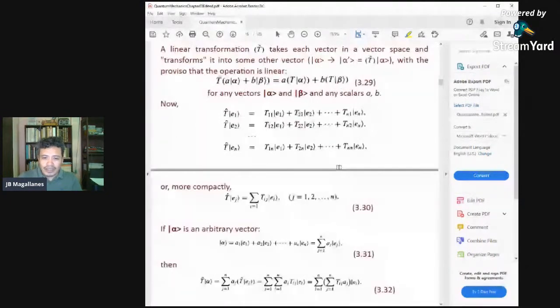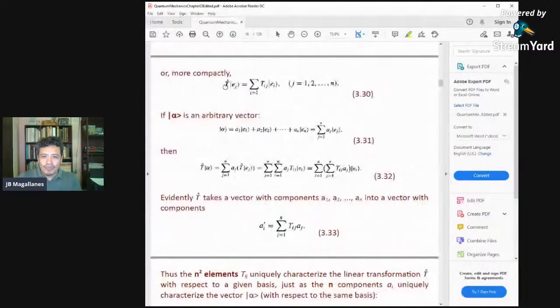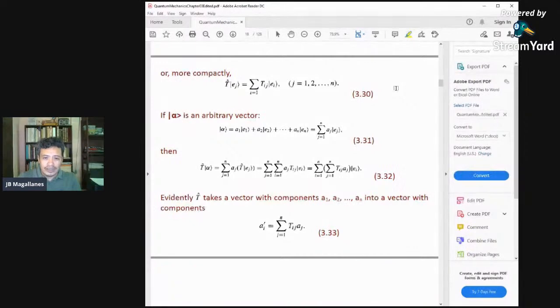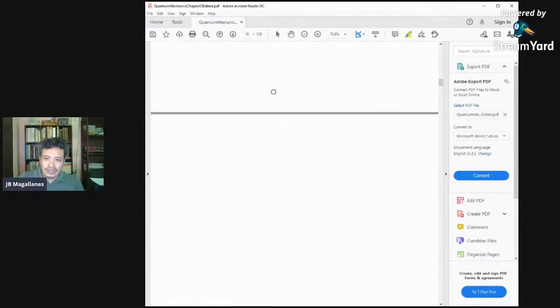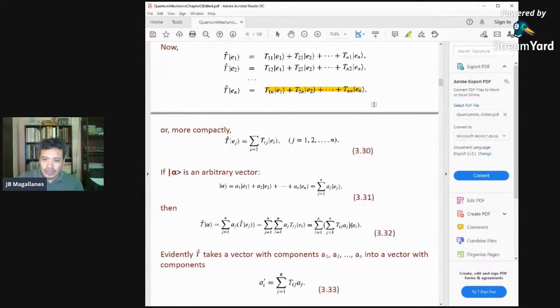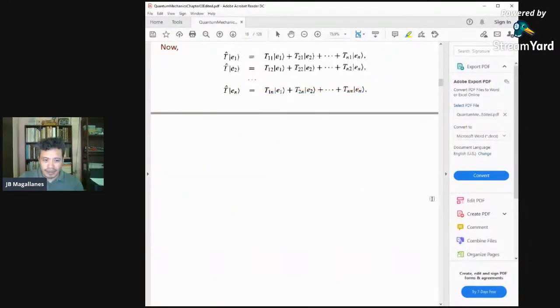More compactly, you have this transformation in equation 3.30. So j can be 1, 2 until n, and this part here will just be the summation of that part, where j is equal to 1, 2 until n.